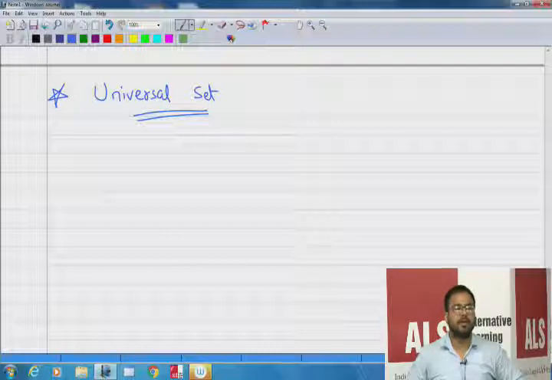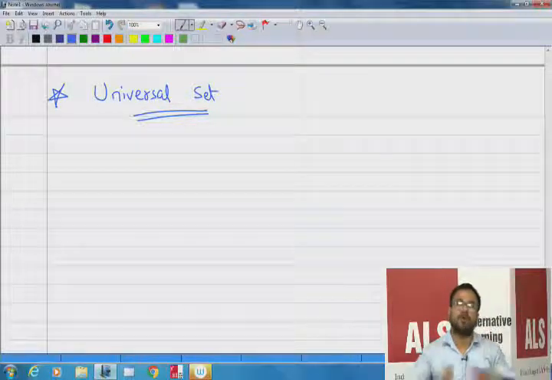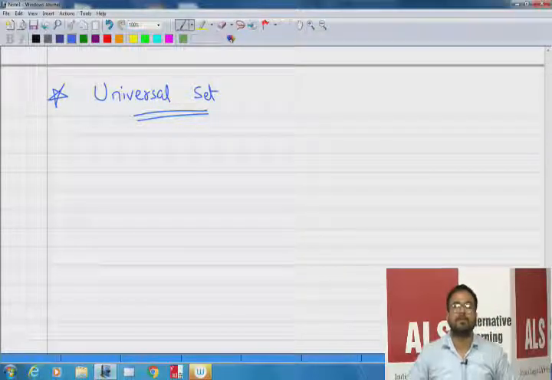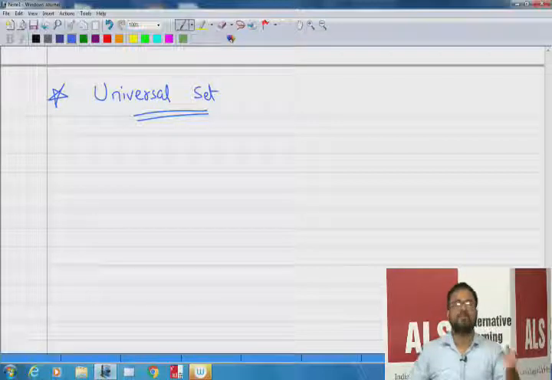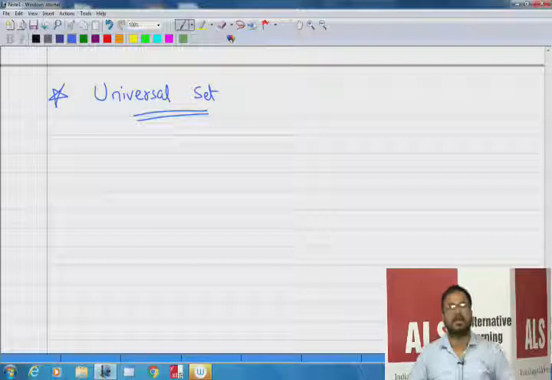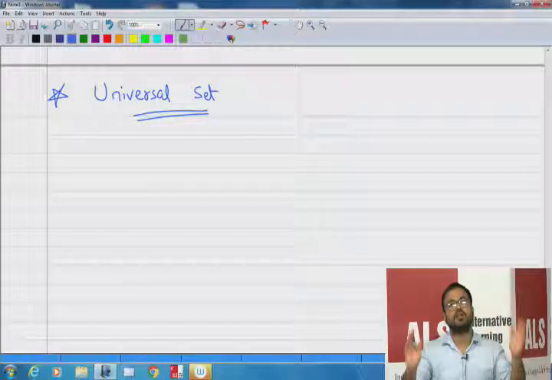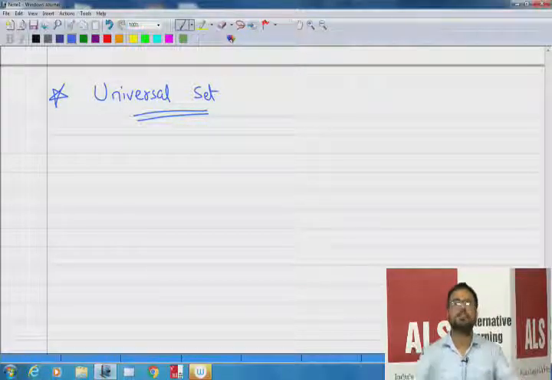Similarly, if I talk about coordinates, then the set of all coordinates will be called the universal set for that coordinate. If I talk about the students, some boys of class 8th, girls of class 10th, and boys and girls of class 9th, then the set of all students in that school will be the universal set.